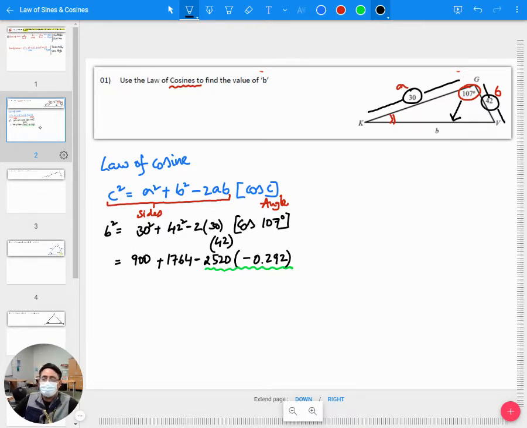Negative of negative changes to a positive sign.